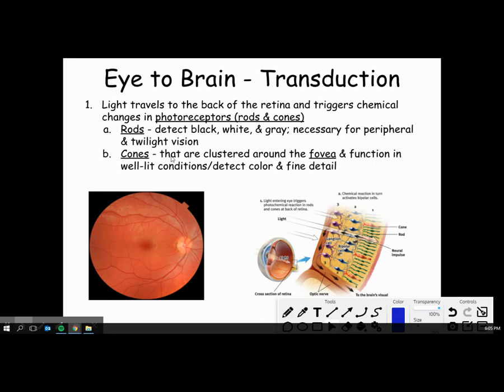So rods are in our peripheral vision, pick up black, white, gray. We use them in dim lighting. Cones are mostly clustered around the fovea, which is the area of central focus on the retina. And they are what allow for us to see color and detail.